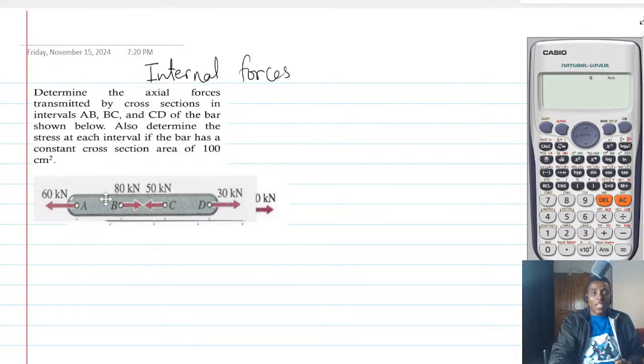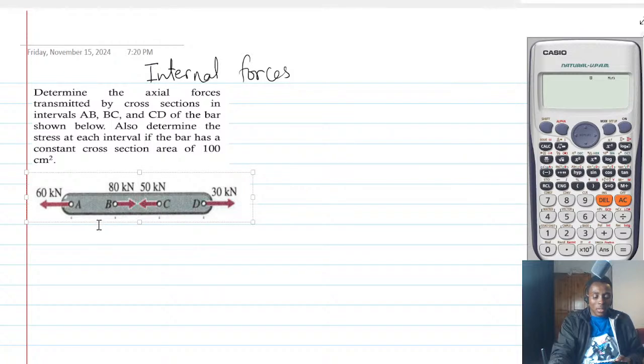So I hope everybody can see the question. Now with this question, we are to determine the axial forces.